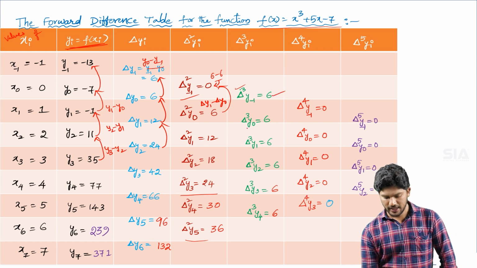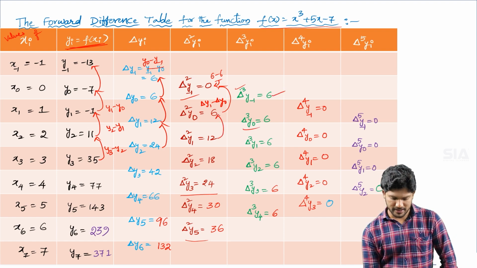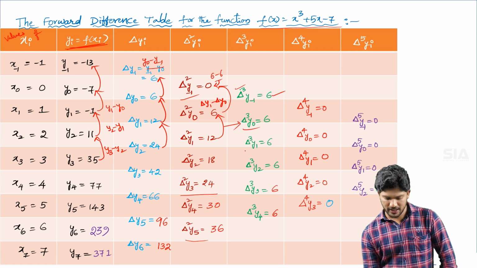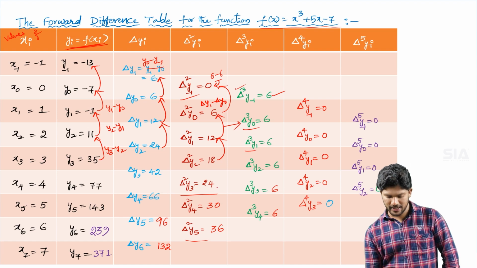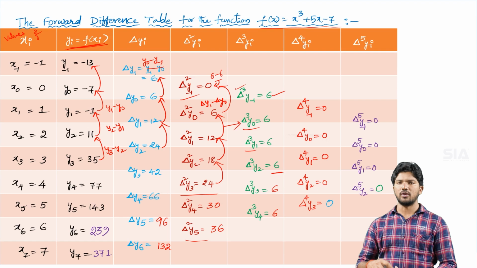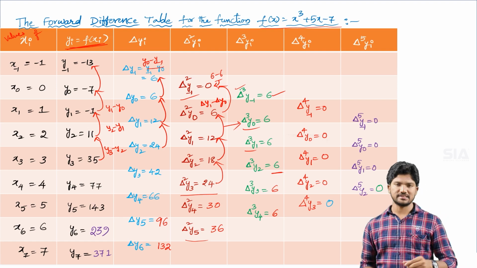Next, delta cube y0 is 12 minus 6, you will get 6. Next, delta cube y suffix 1 is 18 minus 12, 6. Similarly, delta cube y suffix 2 is 24 minus 18, 6 only. Up to here you will get these values. Delta cube y suffix 3 we cannot find, because we don't have the y suffix 6 value.